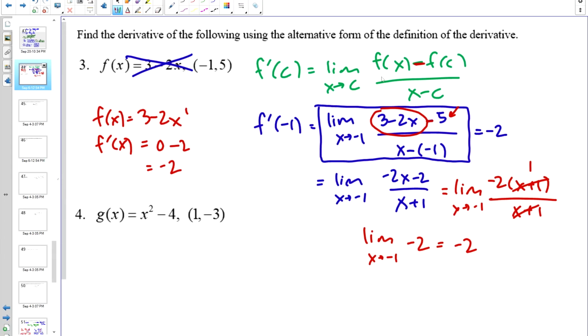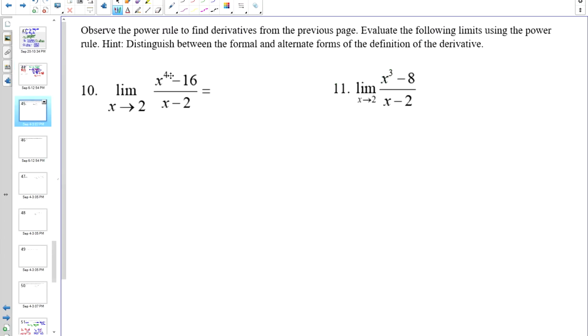So on the back of your paper, that's what you're going to do. On the front of your paper, we're finding the derivative the long way using the alternate form of the definition of the derivative. But if we know the alternate form, we could recognize that if this is f of x, and we took this number 2 and plugged it in there, then this is f of c, and this is x minus c, because our c is 2.